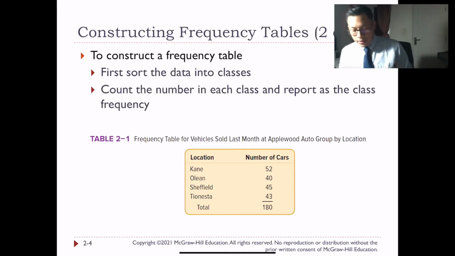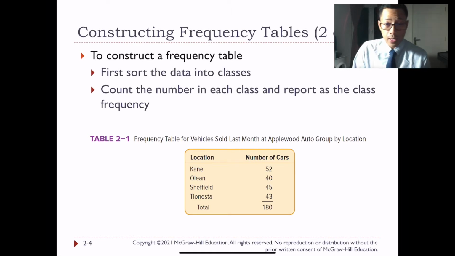So it's very simple. To construct a frequency table, you just have to first sort the data into classes, which in this case is the location, and then count the number of observations in each class and report it as the class frequency. Again, this is relatively manual in the sense that you have to do it one by one.